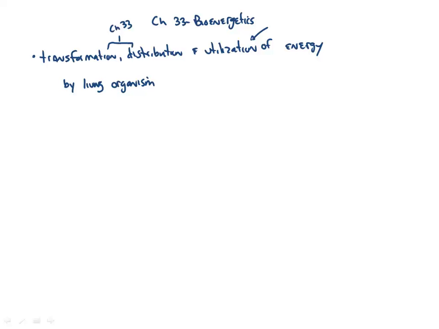Am I right? So we'll skip that one usually. We usually do beta oxidation, and then we start talking about proteins. Proteins can be used for energy, but they're usually used for other purposes, mostly to supply the amino acids we need to build proteins. When we get to that chapter, we usually focus on that a little bit more. So this is what we're going to learn in chapter 33 and chapter 34.